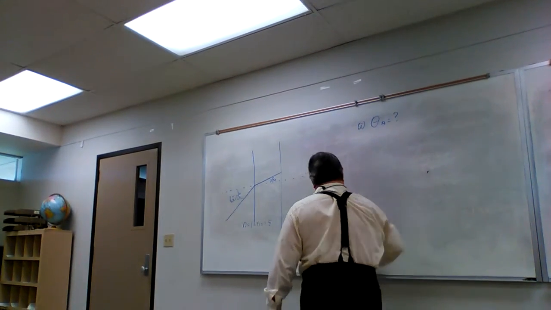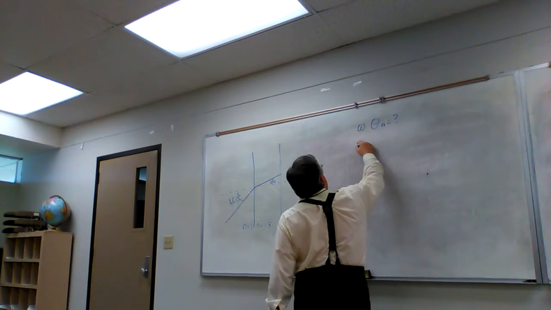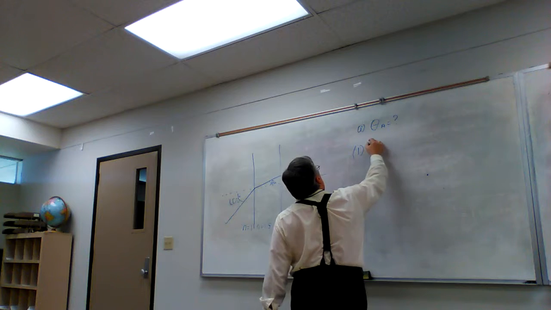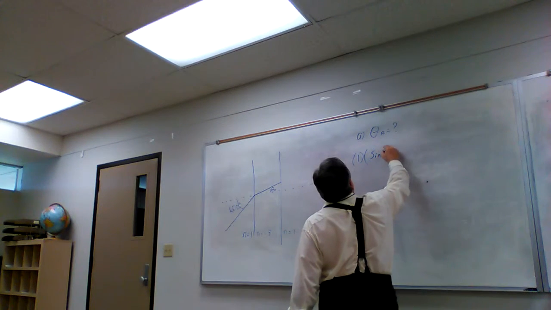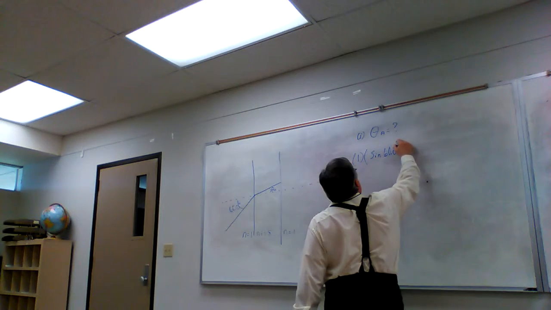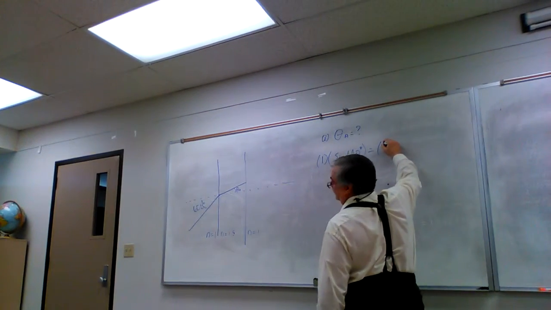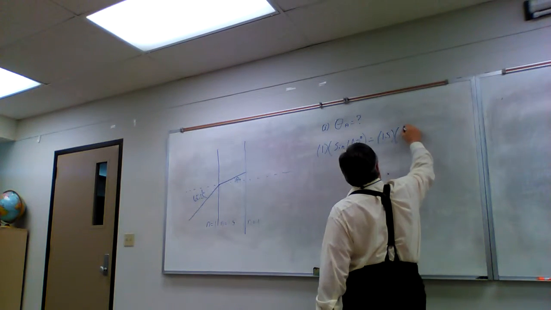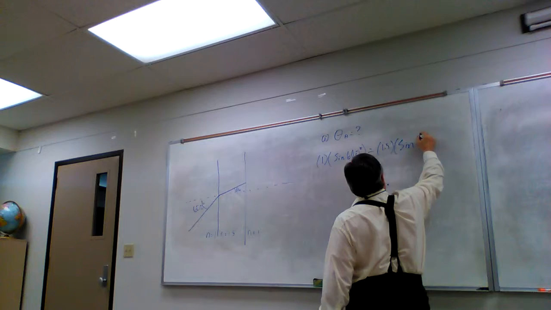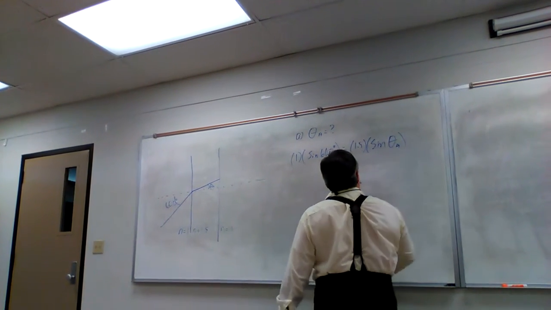So in this case, what is N1? 1 times sine of 60 degrees is equal to N2 times sine of theta sub A. All right.